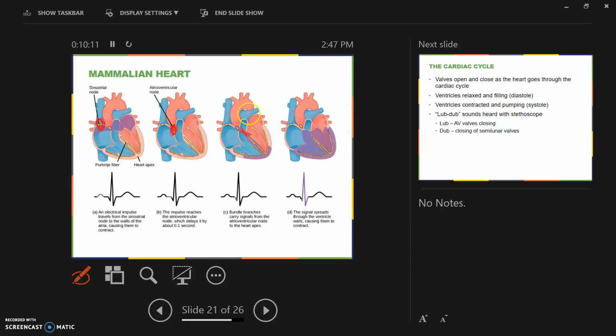First the bundle of His, and then the bundle branches here and here, and then the Purkinje fibers. The signal spreads through the ventricle walls, and these are called Purkinje fibers.